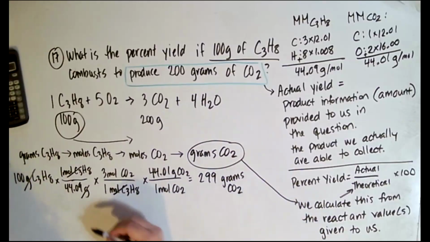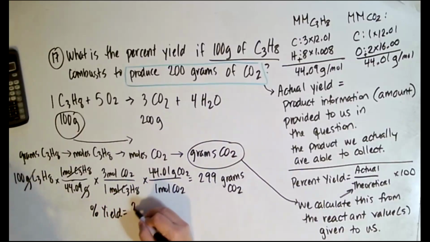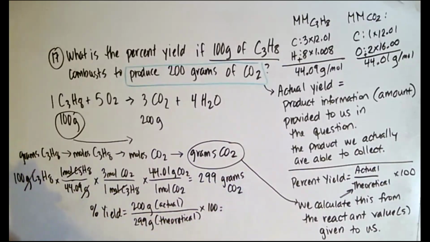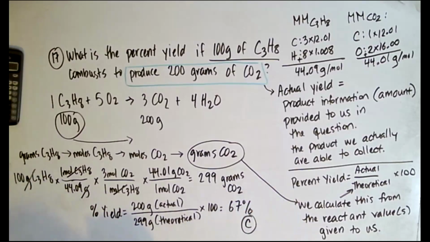So now to calculate our percent yield, we're going to take our 200 grams, which is going to represent our actual value, divided by our 299 grams, which is how much we should have been able to make, our theoretical value, times 100. And we're going to get a percent yield of around 67%, which would be answer choice C.